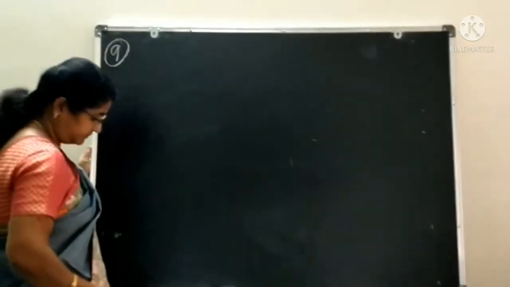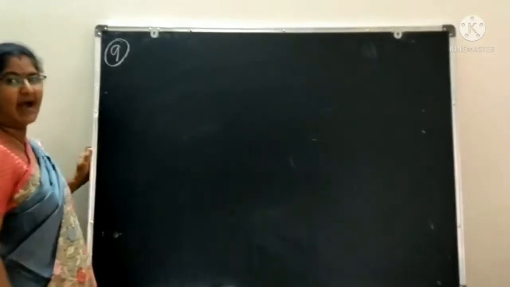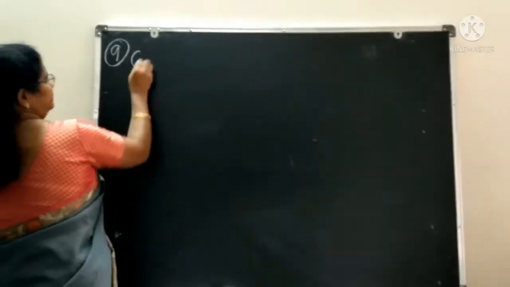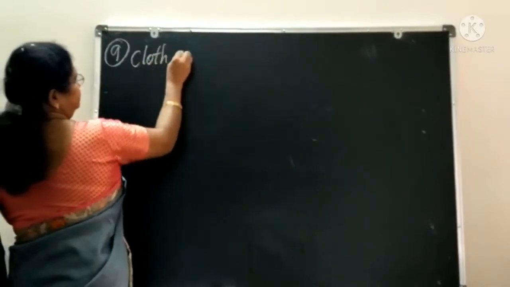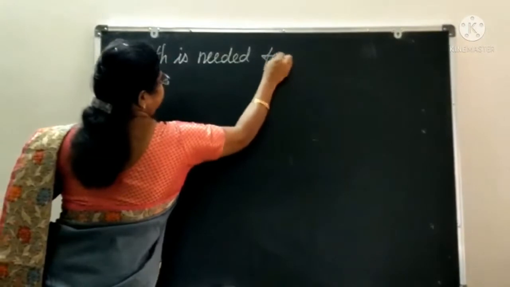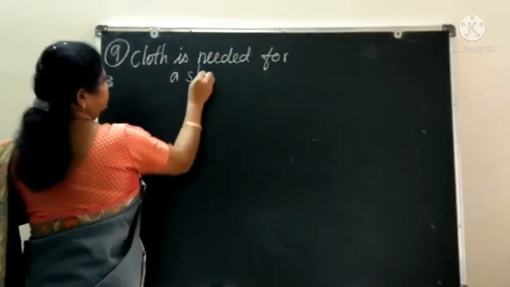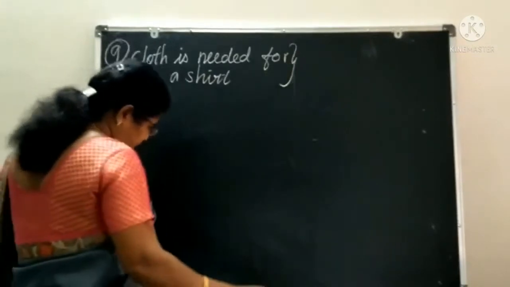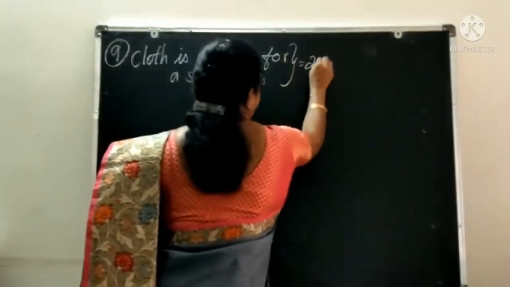9th question. The cloth needed for a shirt is equal to 2 meter 15 centimeter.